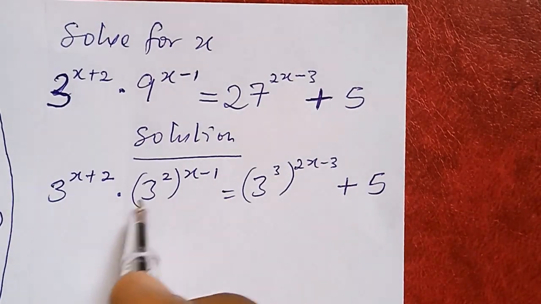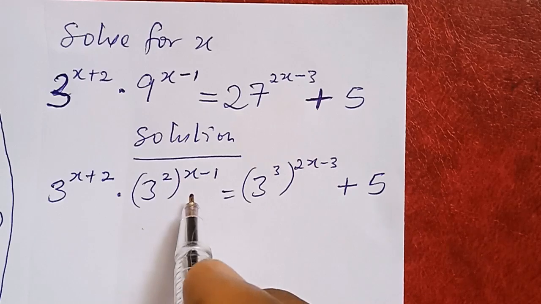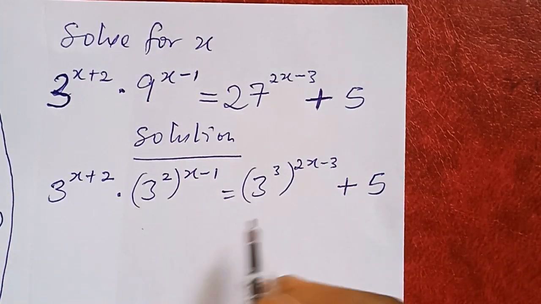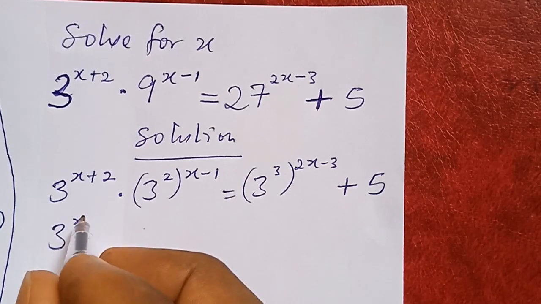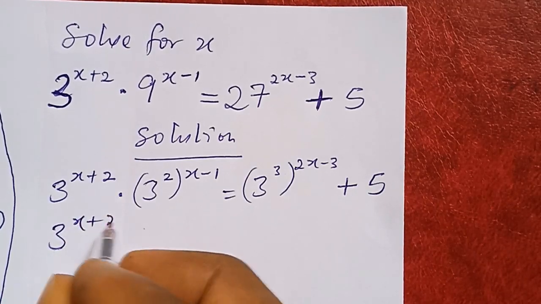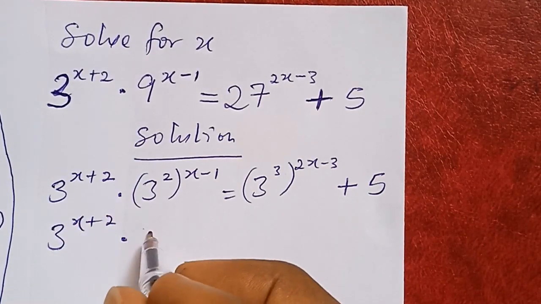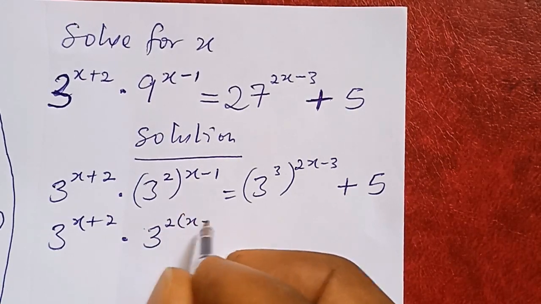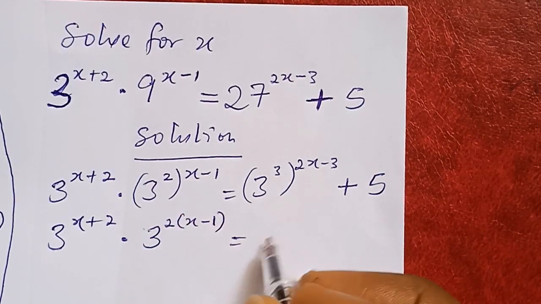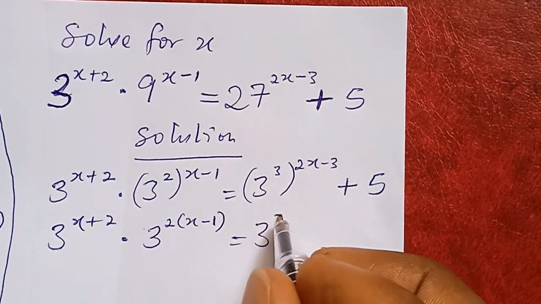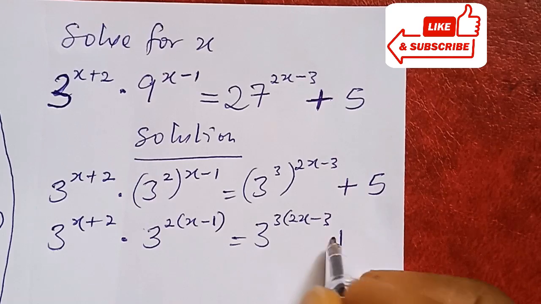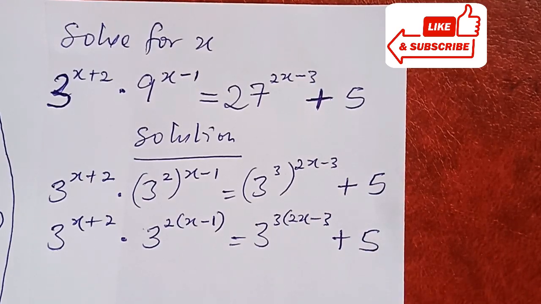Then from here we can simplify the power. That means we have 3 raised to power x plus 2 multiplied by 3 raised to power 2 into bracket x minus 1 equals 3 raised to power 3 into bracket 2x minus 3, plus the constant term 5.